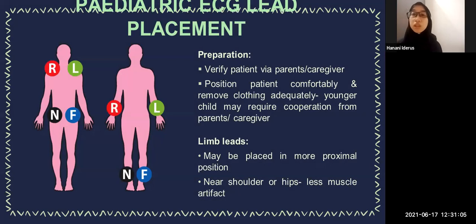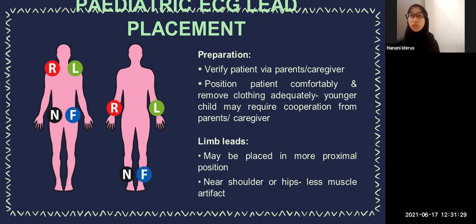Sorry for the disarrangement in the slide. Anyway, before we do ECG, we must prepare the patient first. We first must verify the patient details by asking the parent, or if it's an older child, we can ask the child themselves, for their name and identification number.